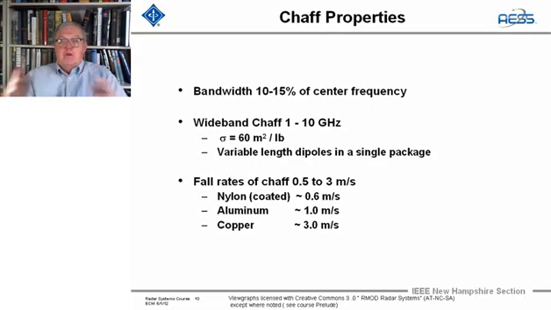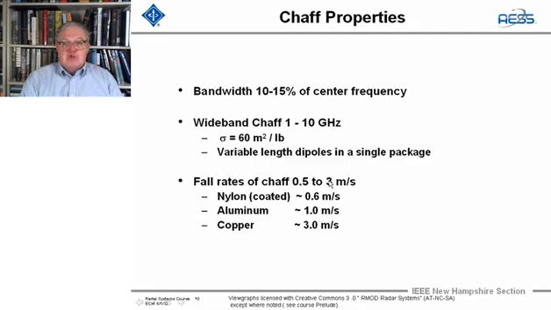But if you've got radars of all different frequencies, you're going to have to cover a lot of different bands. And wideband chaff has been made that operates from 1 to 10 gigahertz, a lot more than just 10%, and it's 60 meters squared per pound, and you use variable length dipoles in a single package.